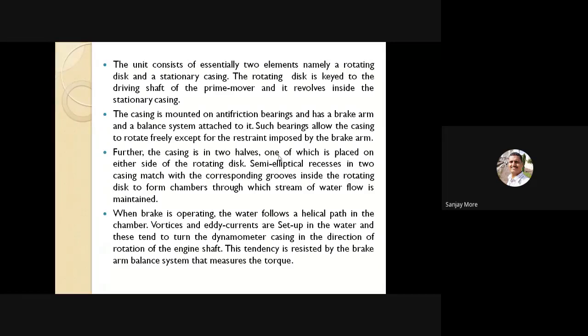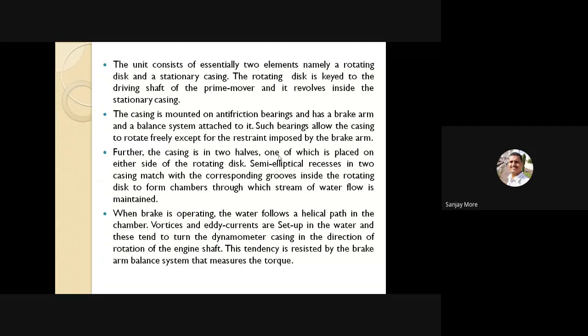Then further, the casing is in two halves, one of which is placed on either side of the rotating disc. Full stop.